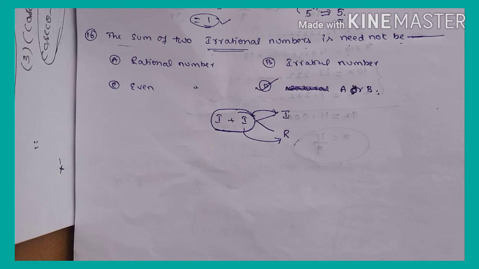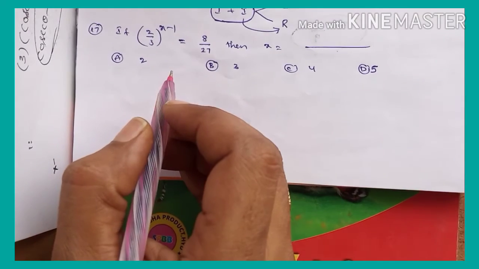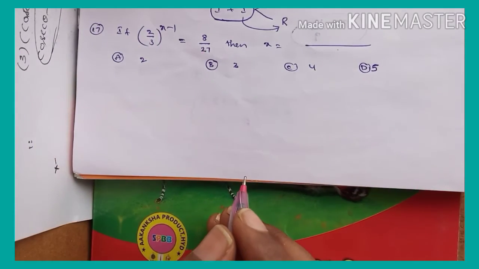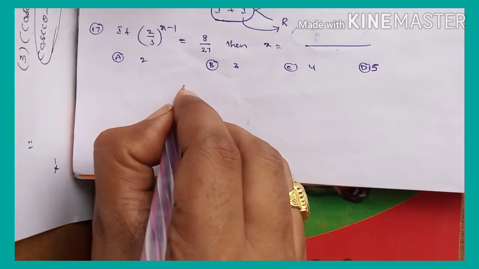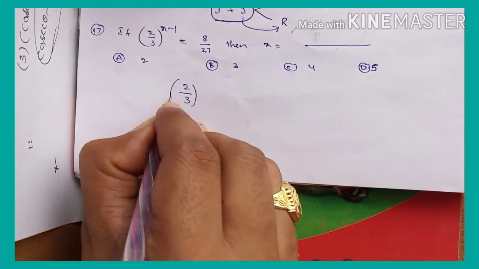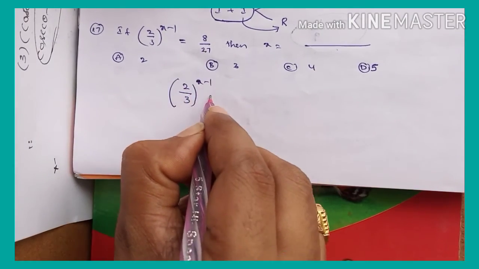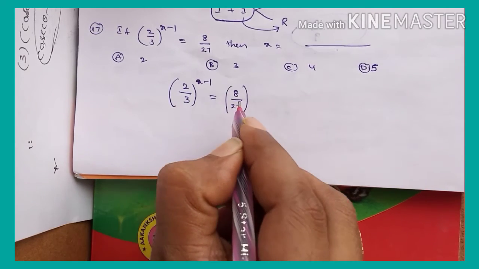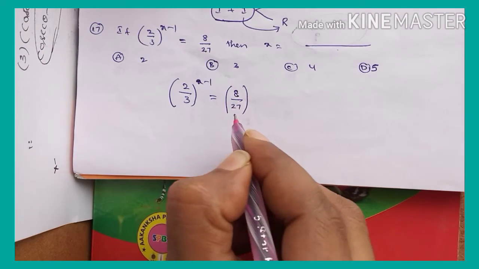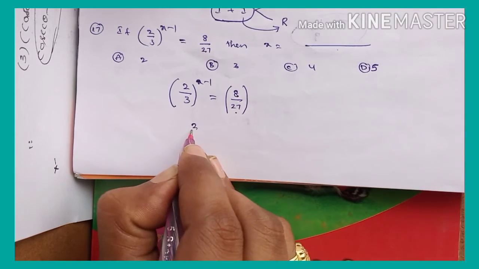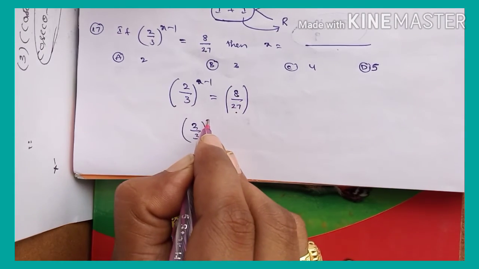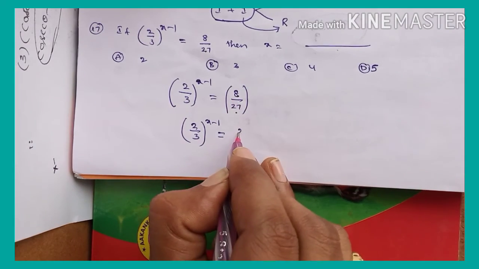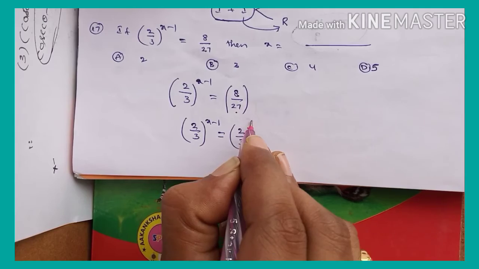Okay, next one. Now the question: if 2 by 3 whole to the power x minus 1 is equal to 8 by 27. 8 is 2 cube and 27 is 3 cube. So 2 by 3 whole to the power x minus 1 is equal to 2 by 3 whole cube.